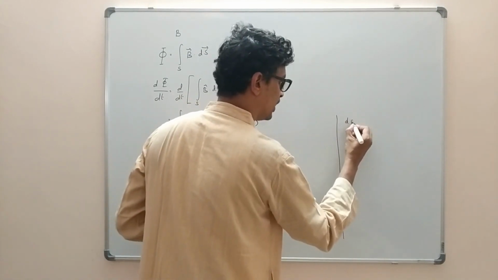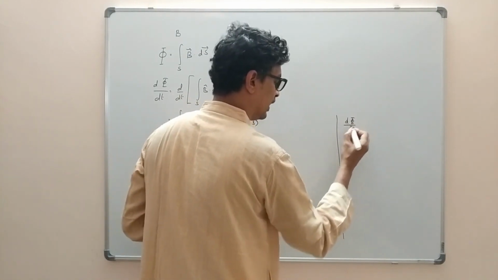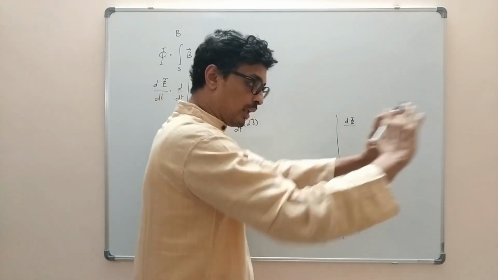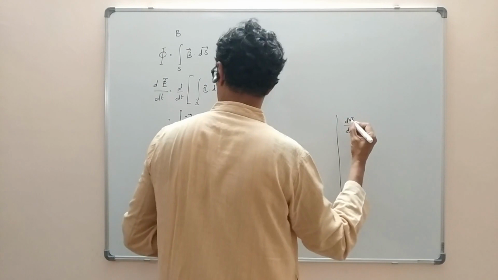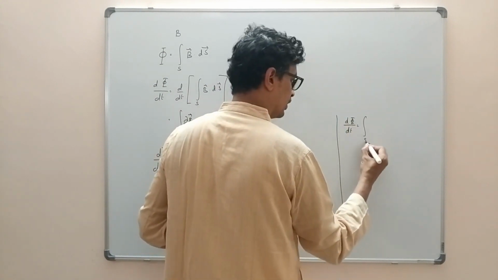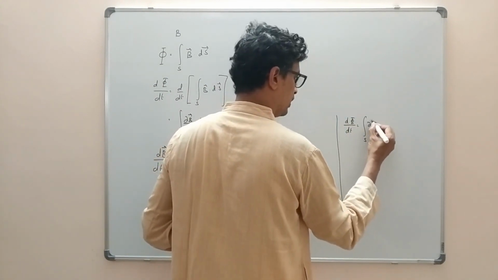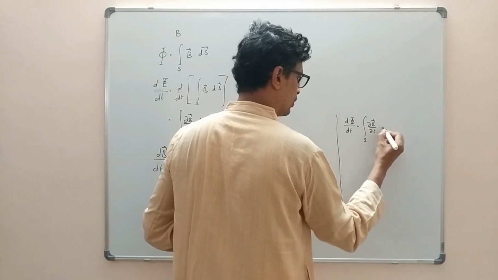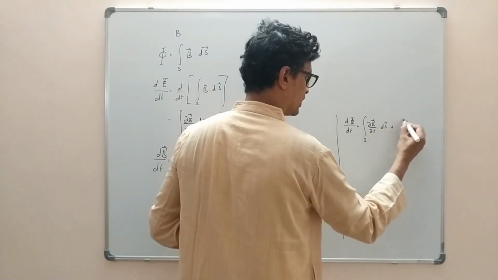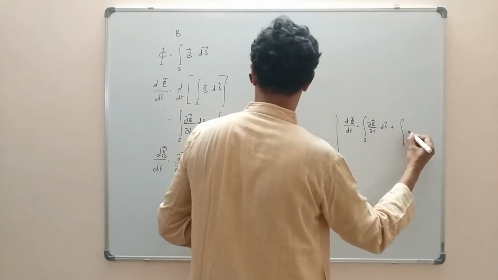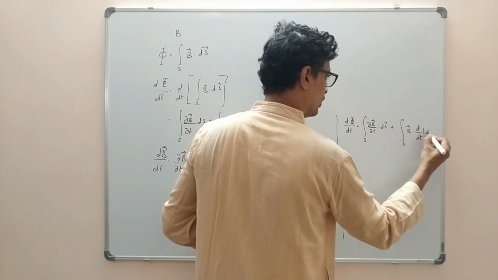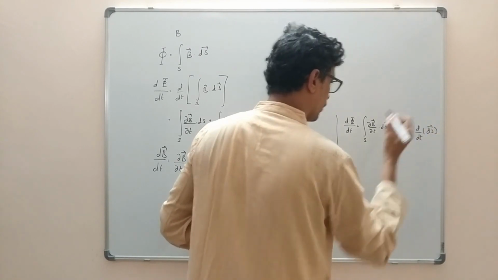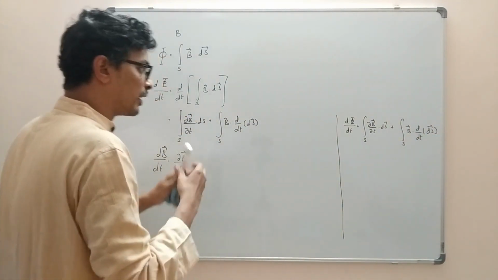So we have the change in the magnetic flux encountered by the moving loop, d phi by dt, will be a sum of these two integrations. The first integration is the surface integral of del B by del t dot ds, plus the surface integral over B dot d by dt of ds. So let us try to find these integrations one by one.